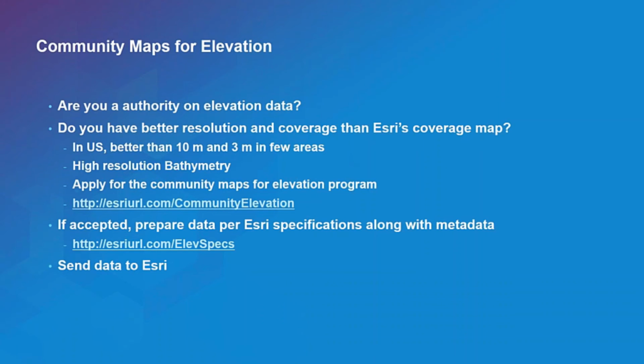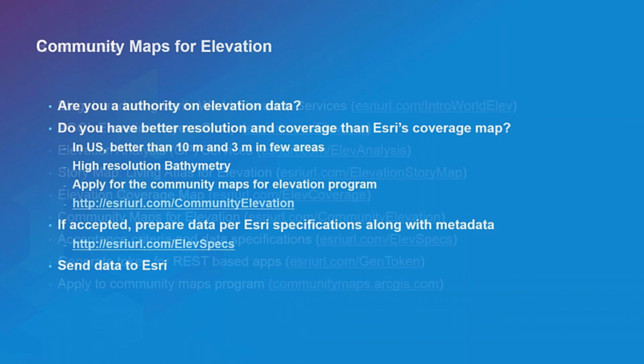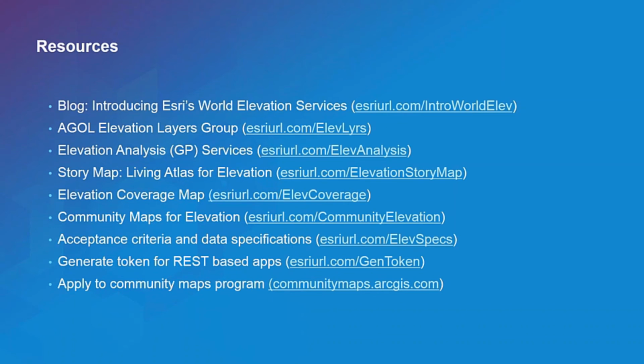Once Esri accepts your application, data needs to be prepared per the specifications doc, which describes the data and metadata requirements, and then you can ship your data to Esri. Once we receive that, we will review it and contact you if we need any other information. So here I'm providing some of the resources that you can use to learn more.